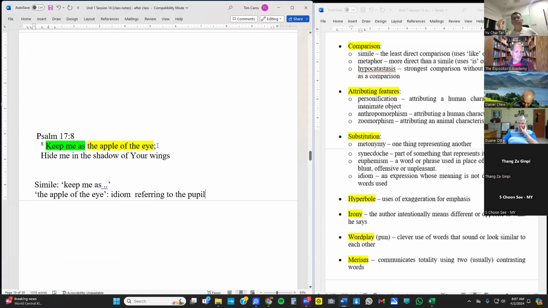And honestly, this is a very Americanized translation, because it's not the apple of the eye. The literal translation here is the little man of the eye. That's the Hebrew term. They refer to the pupil as the little man.